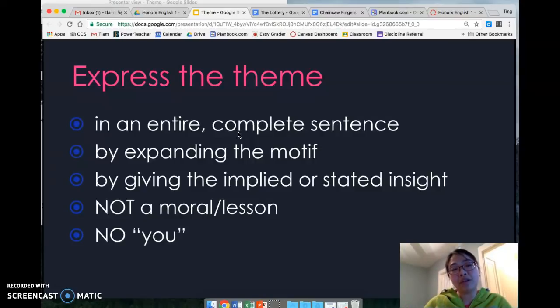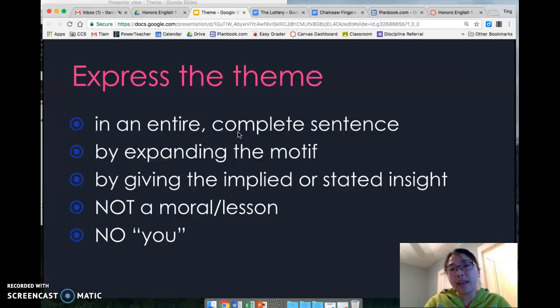And you need to make sure that you understand that now that we're reading more complex texts, themes are no longer the moral or the lesson of the story. We're not having authors tell people how to live their lives. That's not what stories are really about anymore.